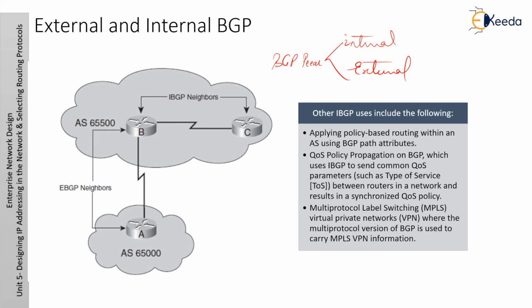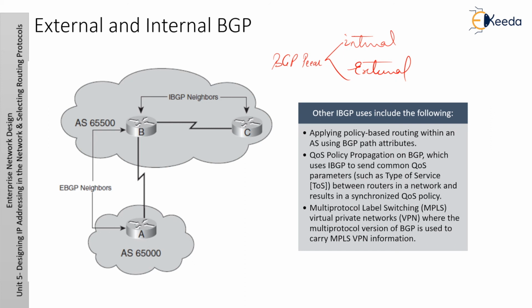When BGP is running between routers within one autonomous system, it is called internal BGP or IBGP. IBGP is run within an autonomous system to exchange BGP information so that all internal BGP speakers have the same BGP routing information about outside autonomous systems, and so that this information can be passed to other autonomous systems as long as they can reach each other.